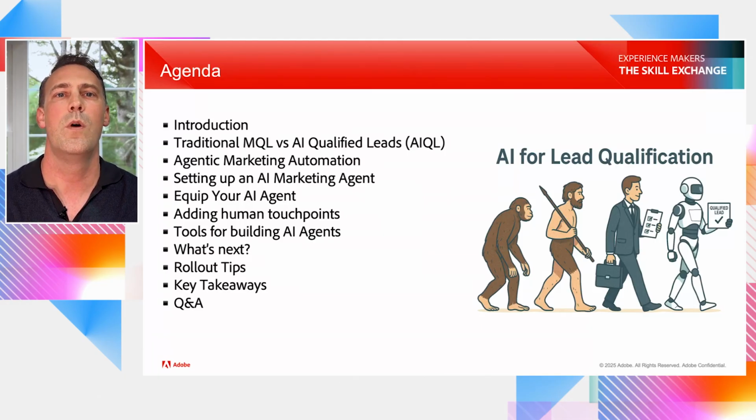We'll walk through how to set up an AI marketing agent and how to equip it with everything it needs. We'll also touch on how to add human oversight when it's needed. Then I'll share some of the top tools available right now for building these kinds of agents. We'll wrap up with a quick look at what's next, some practical rollout tips, and a few key takeaways before we jump into the Q&A. So let's get started.